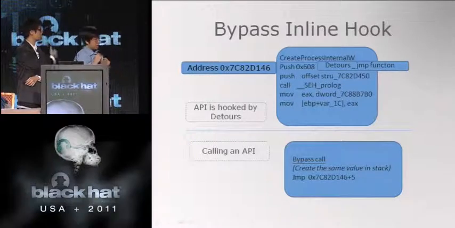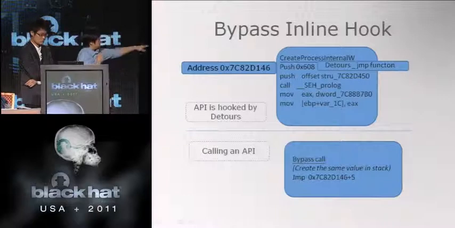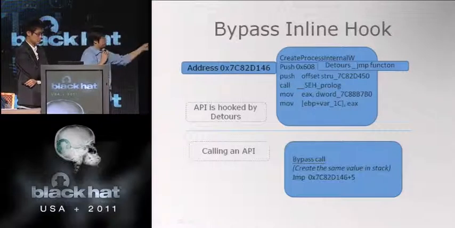When we want to bypass this protection, bypass this API hook, we may just jump to the address of the function plus a few bytes. Then we can bypass the protection. Before the jump, we need to create the values in the stack. Thus, after the execution, the control will come back to here.